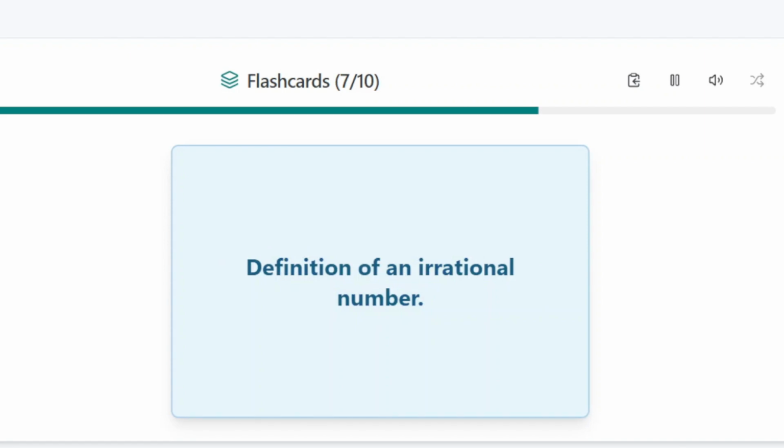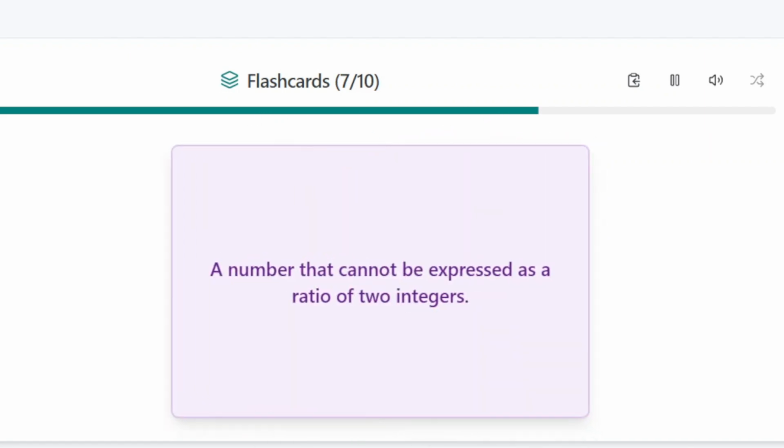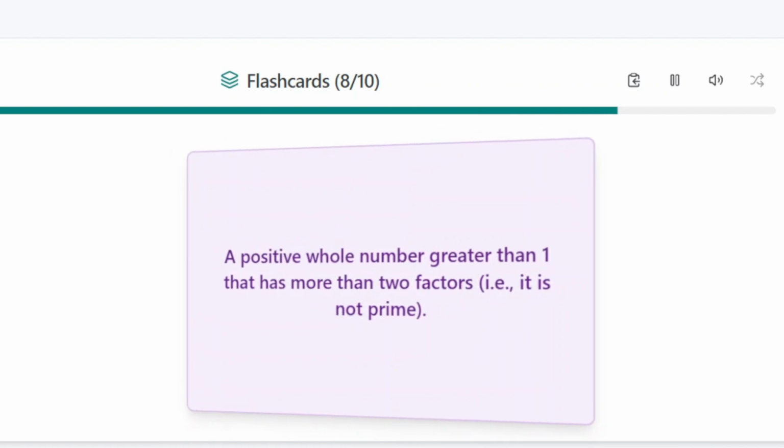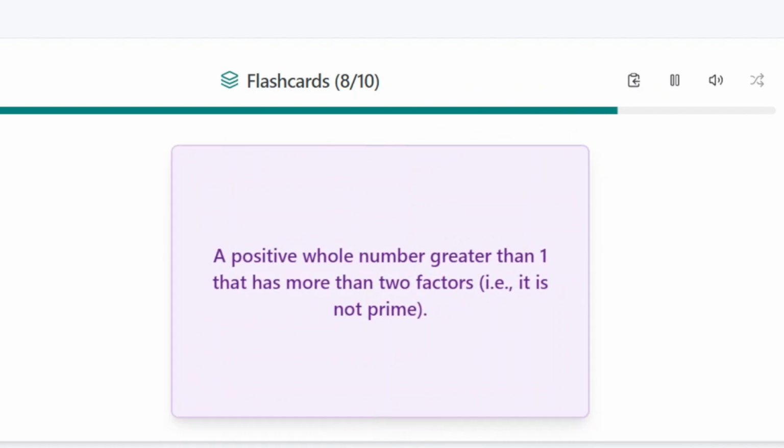Definition of an irrational number. A number that cannot be expressed as a ratio of two integers. Definition of a composite number. A positive whole number greater than 1 that has more than two factors, i.e., it is not prime.